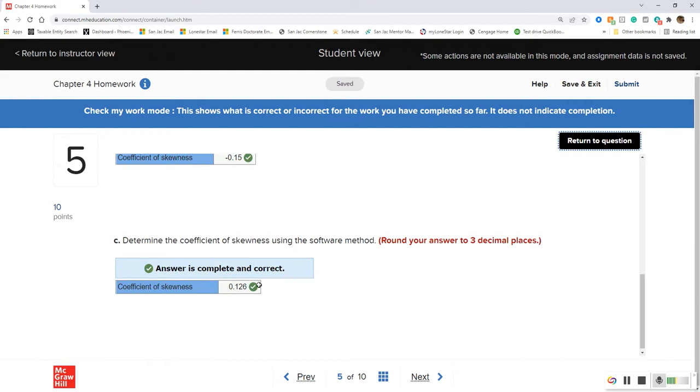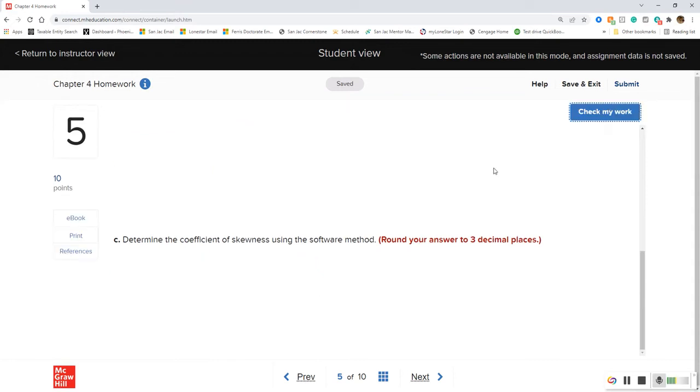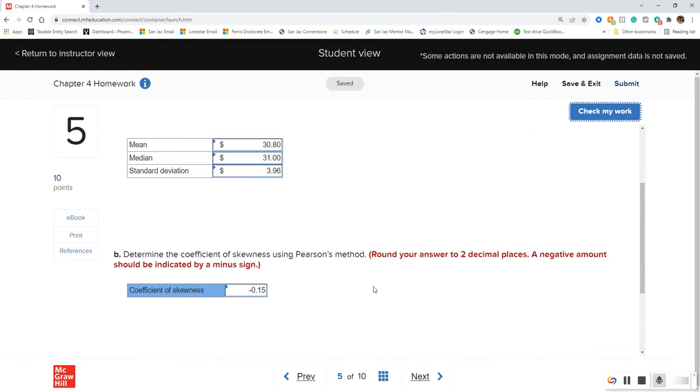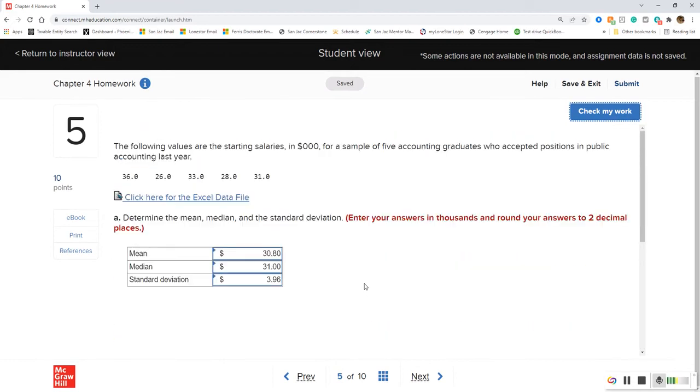Now, if this does have an X and you have done everything right, maybe just keep it the same. Sometimes there are rounding errors because we are doing a lot of rounding, and Connect has to be certain percentage-wise. So that could be an issue. Alright, so that finished 5. We're halfway through. Whew. And it's not going to get easier.